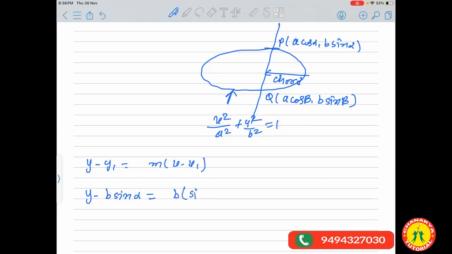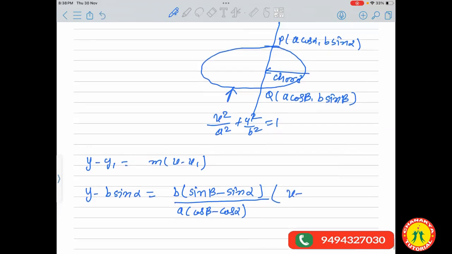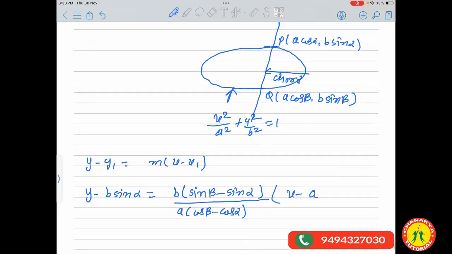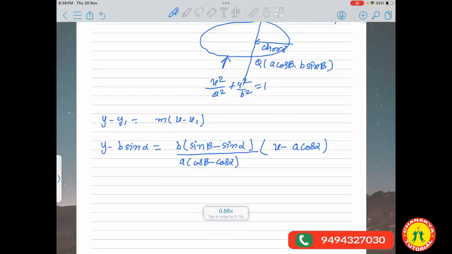So b is common, sin beta minus sin alpha upon a common, cos beta minus cos alpha, into x minus x1. x1 is a cos alpha. So now solve this equation.